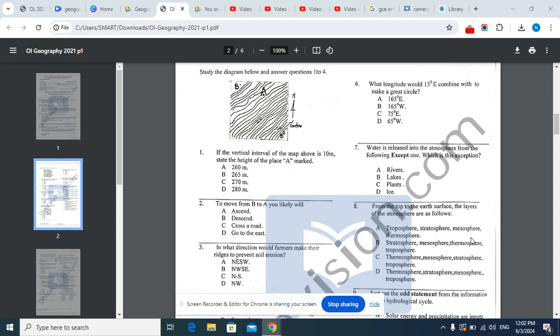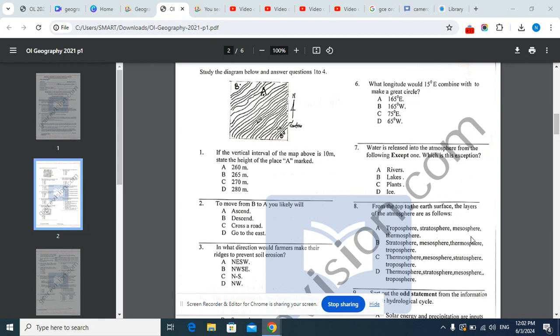Number 8. From the top to the Earth's surface, the layers of the atmosphere are as follows.